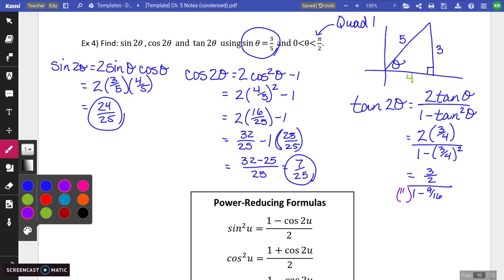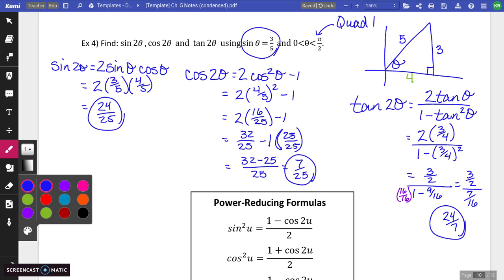If I change this to 16 over 16, I get 3/2 over 7/16. And I'm going to multiply by the reciprocal and simplify, and you're going to get 24/7. Okay, so there's the tangent of 2 theta.